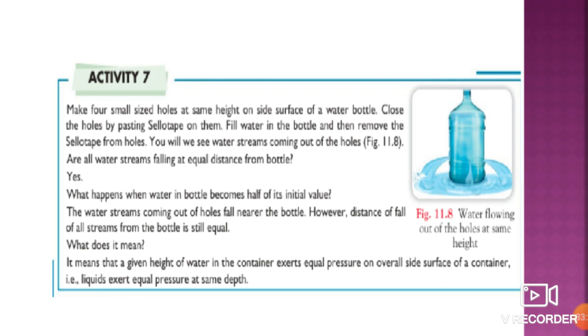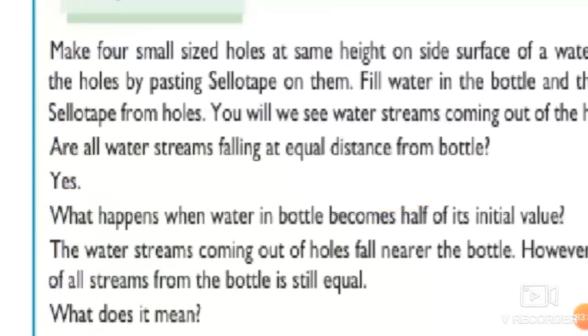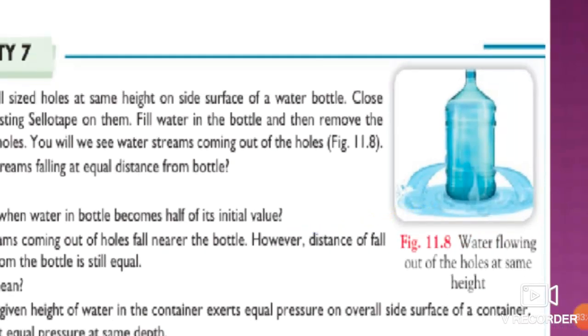You have to take a bottle and make small holes at the same height on the side surface, and close these holes using cello tape. Afterwards, we have to fill water in the bottle and then remove all the cello tapes from the holes. So you will see water streams coming out of the holes, just like seen in this figure.